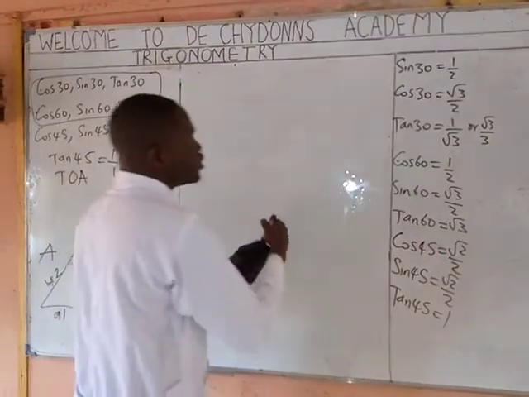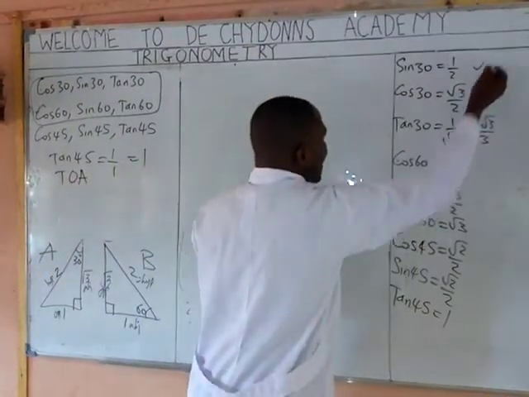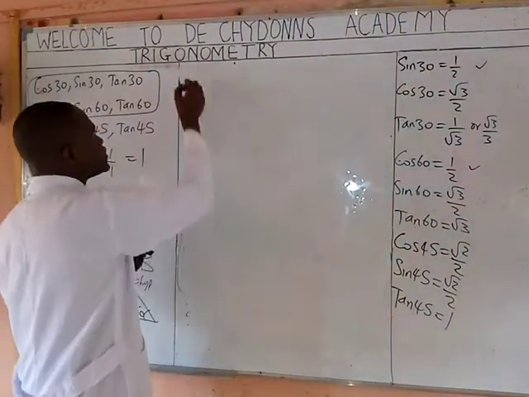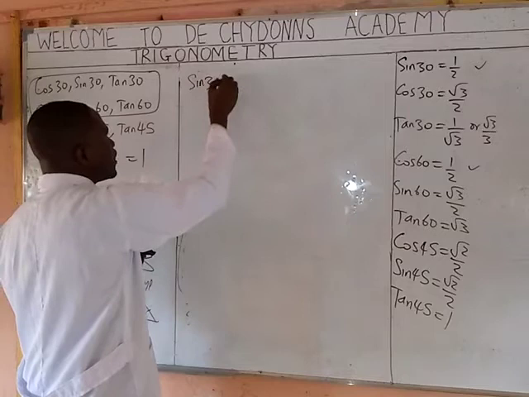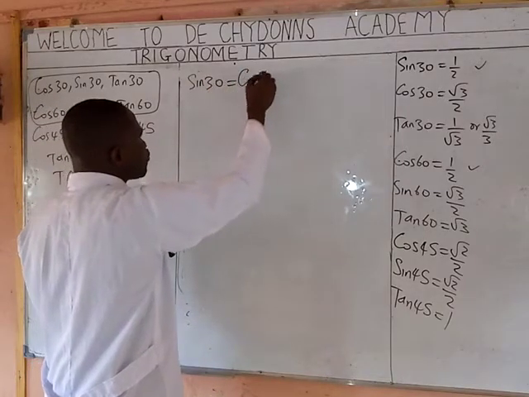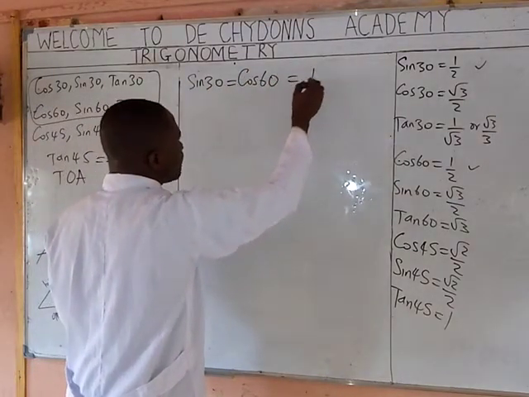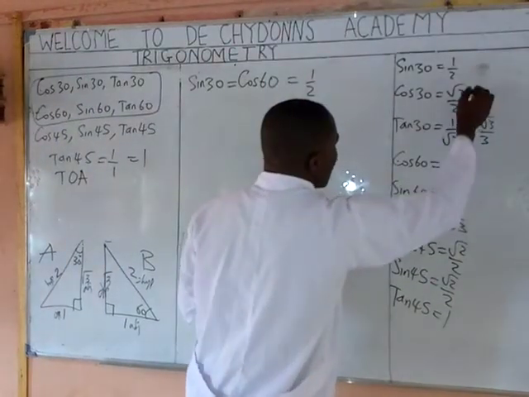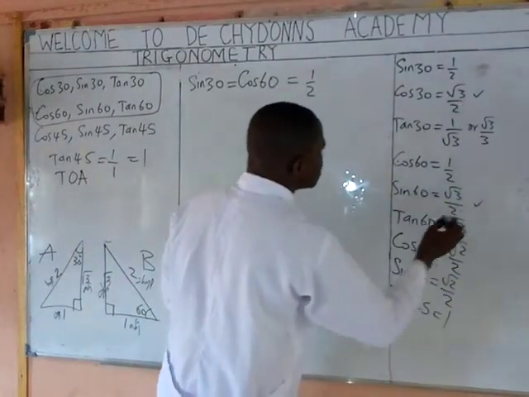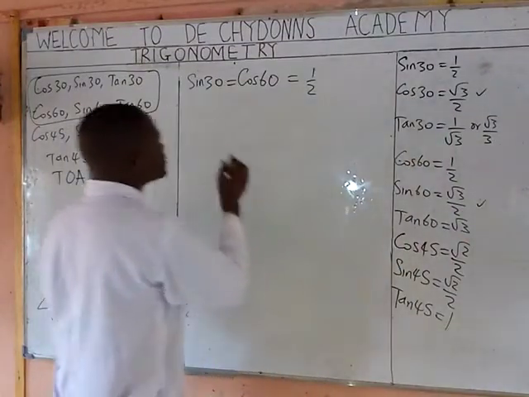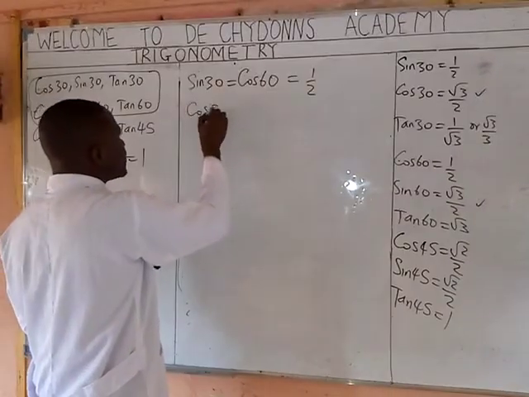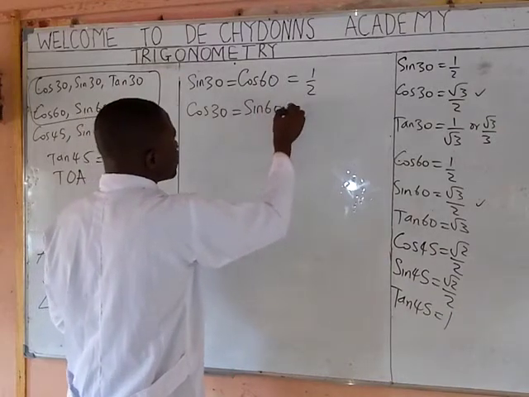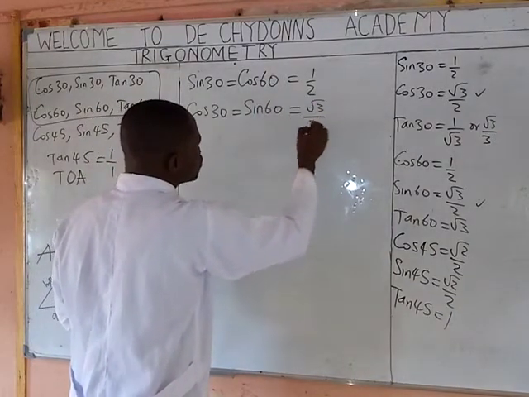From this, do you notice that sin 30 is equal to cos 60? Yes, sin 30 equals cos 60, which equals 1 over 2. Note it. Do you notice again that cos 30 is equal to sin 60, which equals root 3 over 2?